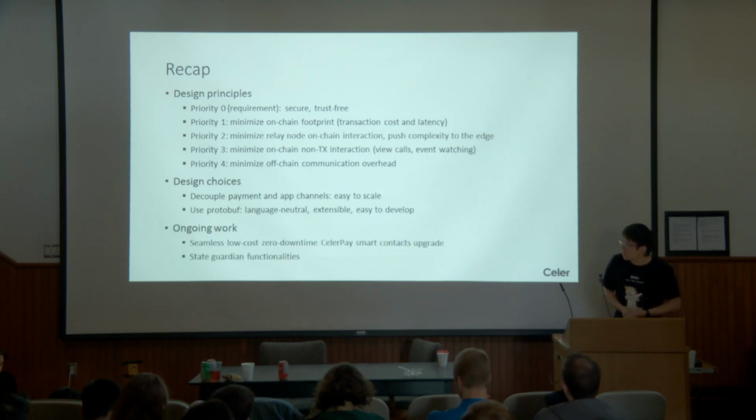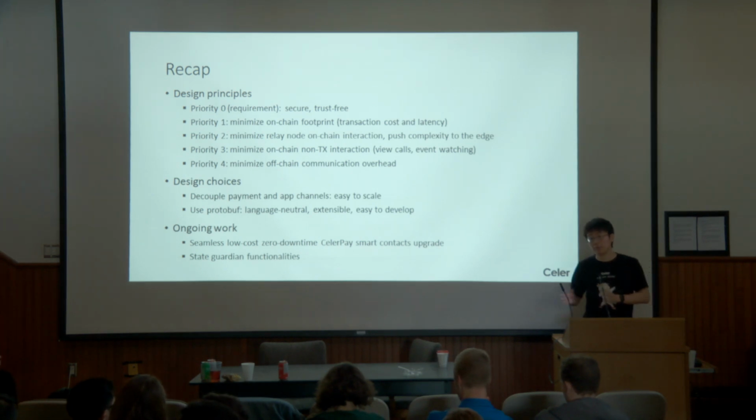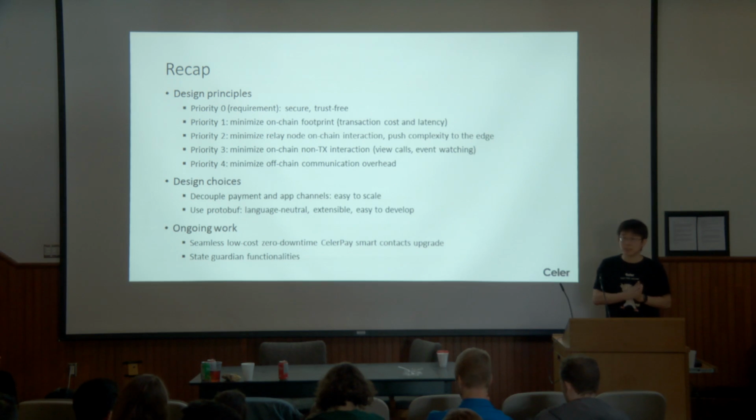In our ongoing work, one is seamless, low cost, zero downtime smart contract upgrade. Because we can always find out we want to support a new feature and make it better, we are trying to have a protocol that can make sure that the off-chain payment channel and off-chain game channel can still seamlessly continue running while people collaboratively upgrade the channel contract to a newer version.